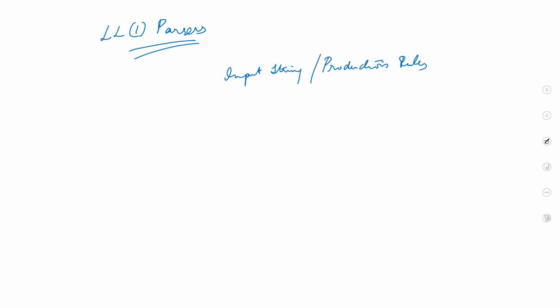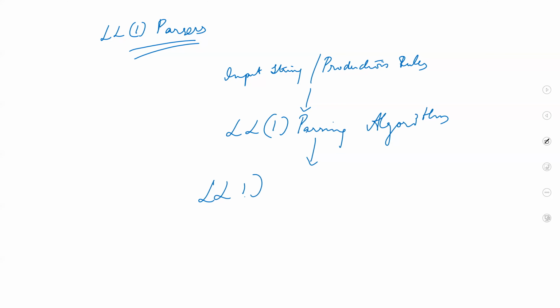You will be using an LL1 parsing algorithm, and with the help of that, you will be making an LL1 parsing table. Together with that, you will even be making a parse tree.